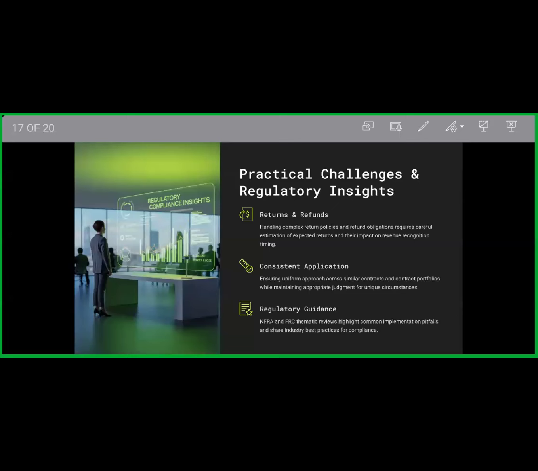At that time, the company has to refund the payments to the customers.